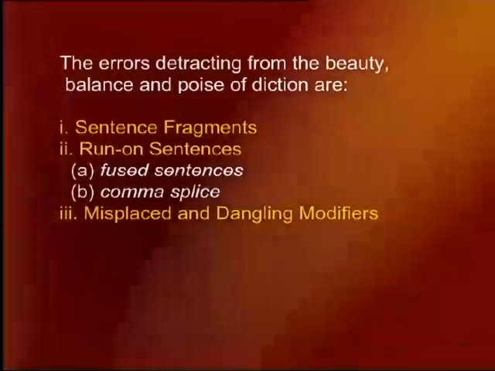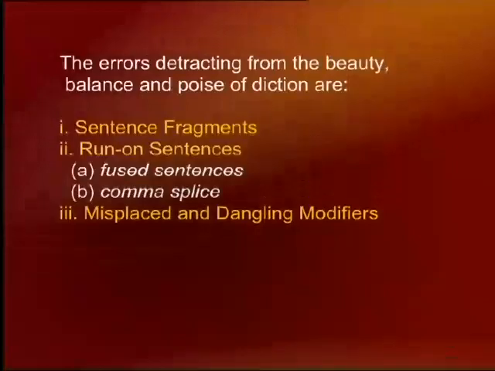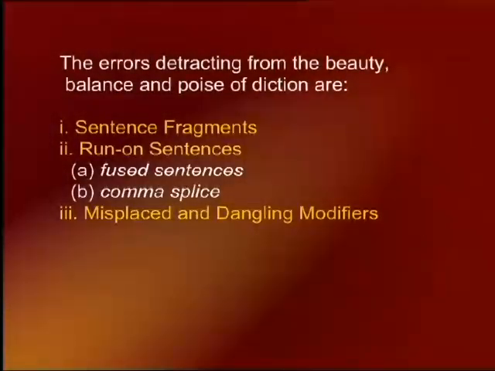And the third one is the misplaced and dangling modifier. Today we shall only look at sentence fragments. It's a fairly long area to be covered. We will look at the other sentence errors in our coming lessons.